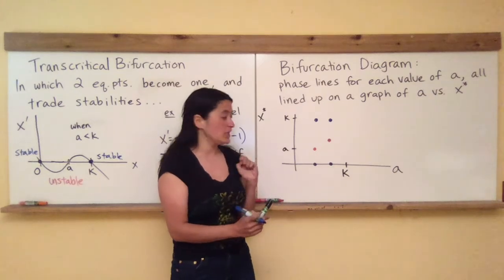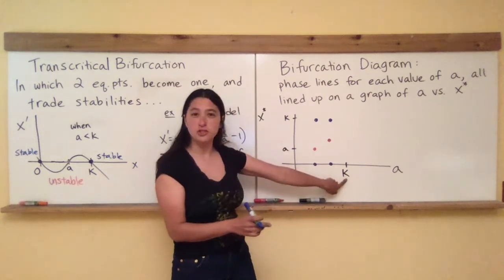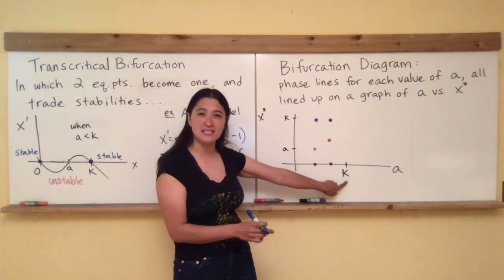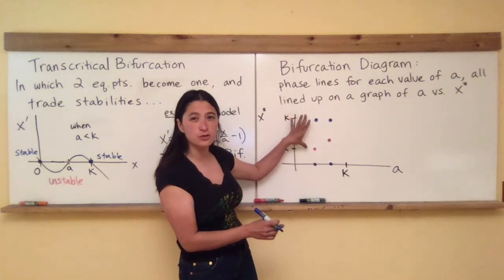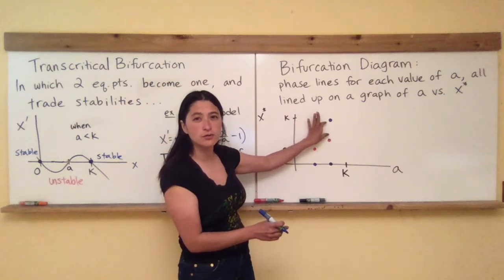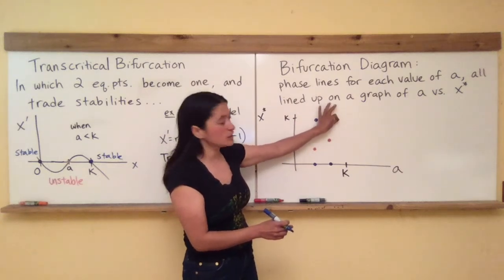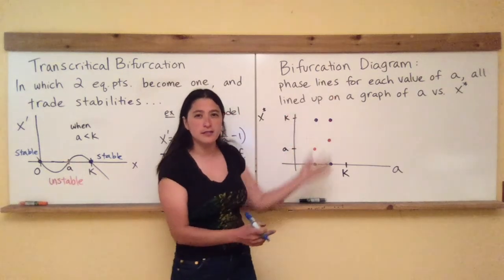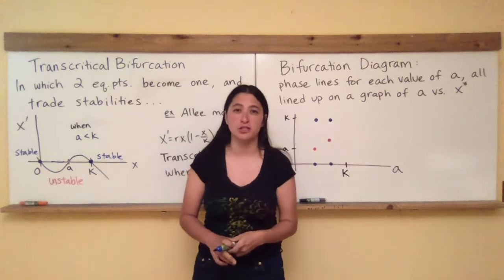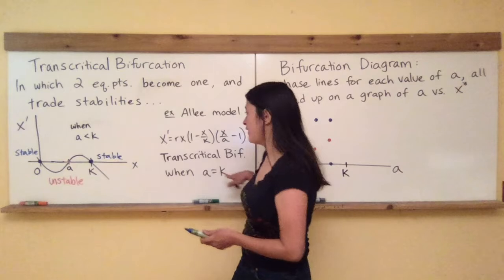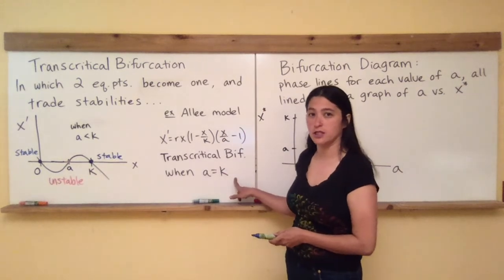And now I'm going to, dare I say it, try to look at what it looks like when A is exactly equal to K. And I'm going to see that what's happening with these two fixed points, these two equilibria, is as I increase A, it's getting closer and closer and closer to K. And you see the red dot is going to move up and it's going to merge with the blue dot right there. Then instead of 3 fixed points, there will only be 2. And that is a different quality. So it's a qualitative change. That's where the transcritical bifurcation occurs.